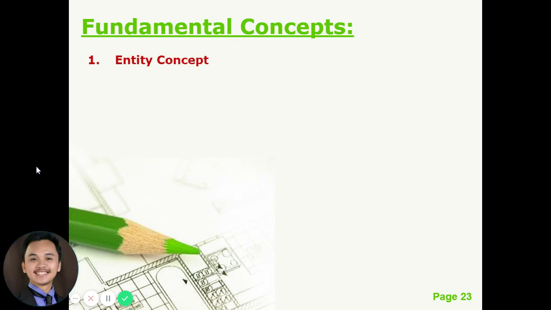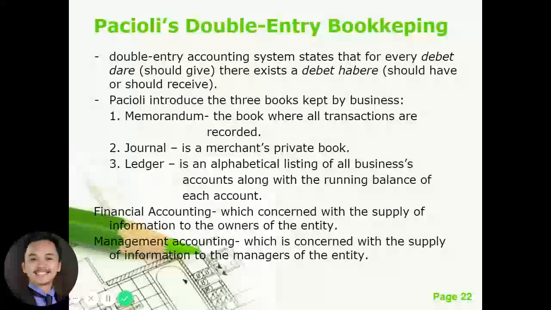So management accounting and financial accounting are two different branches. Financial accounting prepares financial information, while management accounting provides information to the management only. Financial accounting provides financial information to the external parties or external stakeholders, while management accounting provides information only to the managers, meaning it only provides information internally.